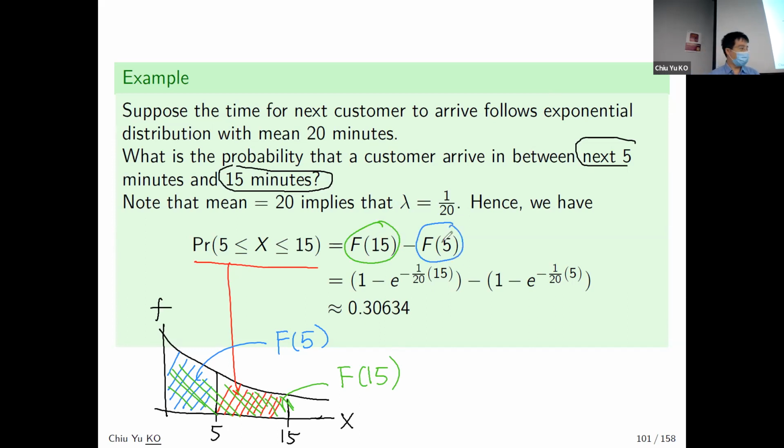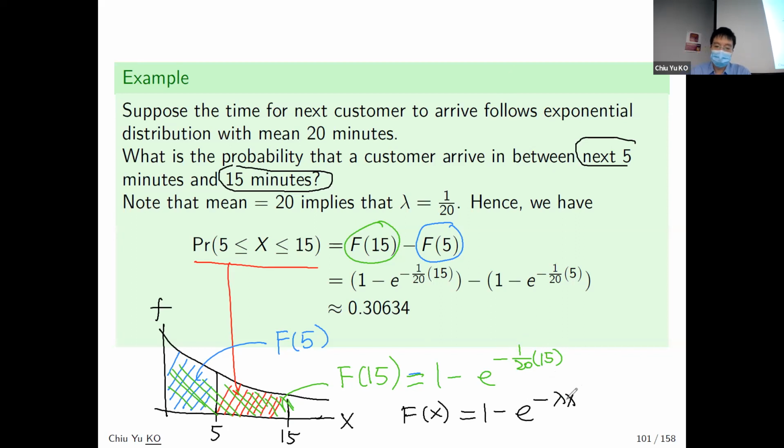Green is f, just apply it, right? Very simple: 1 minus e to the negative 15 over... sorry, lambda is 20, right? Because the formula is f of x equals 1 minus e to the negative lambda x, and lambda is 1 over 20, same as what we just did.